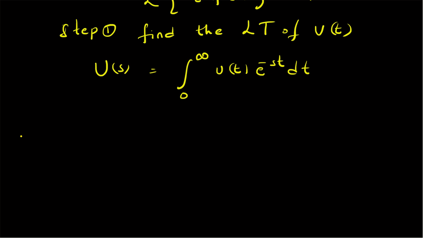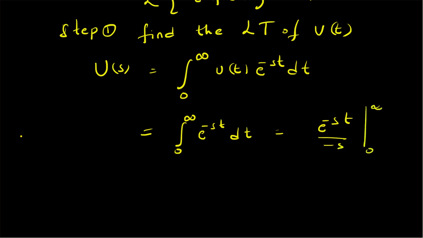Since u of t is equal to 1 for all t greater than or equal to 0, we have integral 0 to infinity e power minus st dt, which is clearly equal to e power minus st by minus s, with limits 0 and infinity. Upon simplification, this will be simply equal to 1 by s. Therefore, the Laplace transform of the unit step signal is 1 by s.